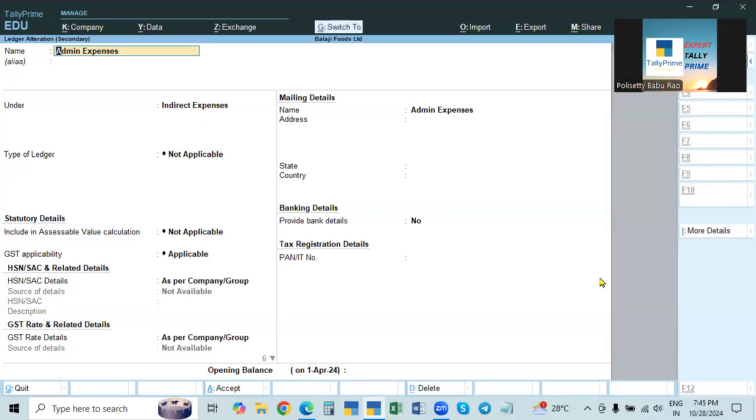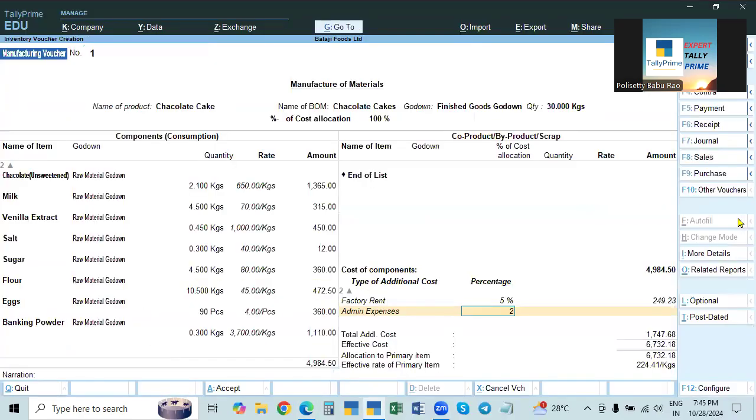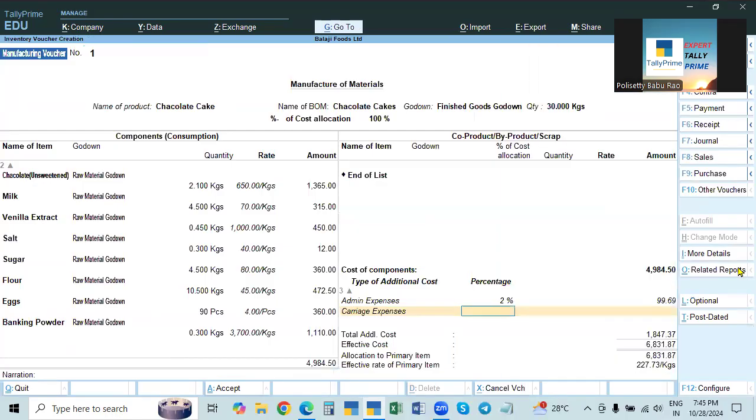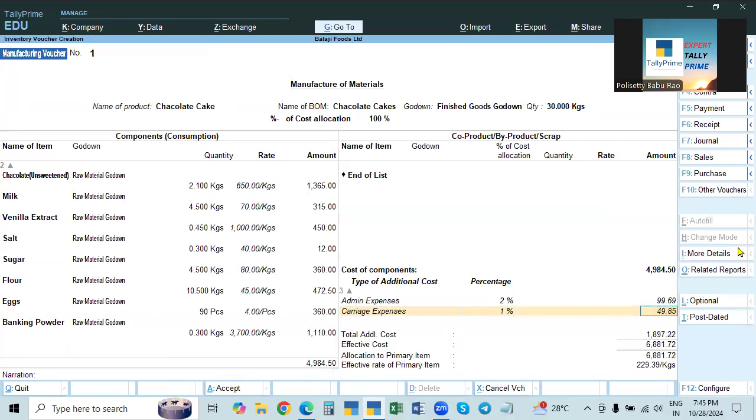That is 2% of the material cost. The other one is carriage expenses, given as 1% of the material cost.